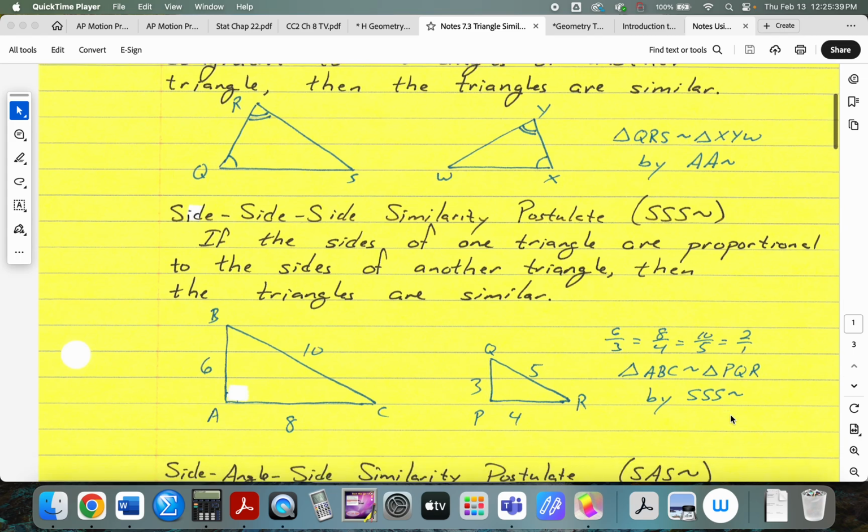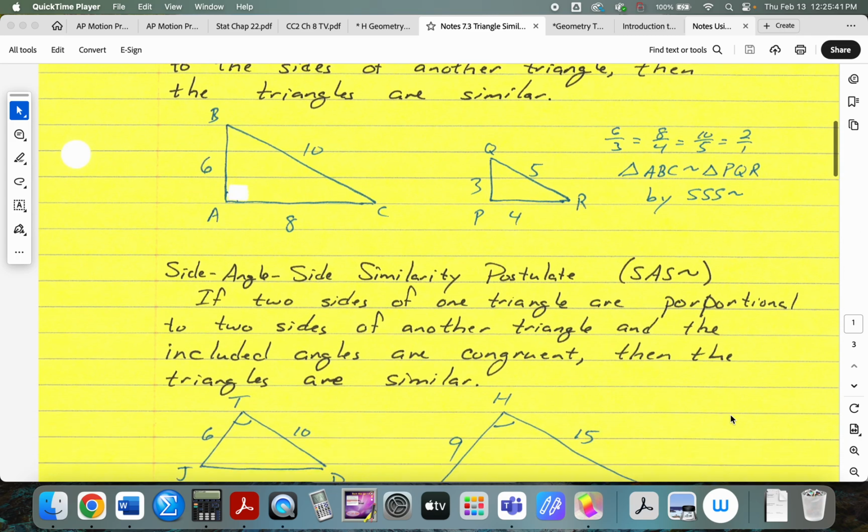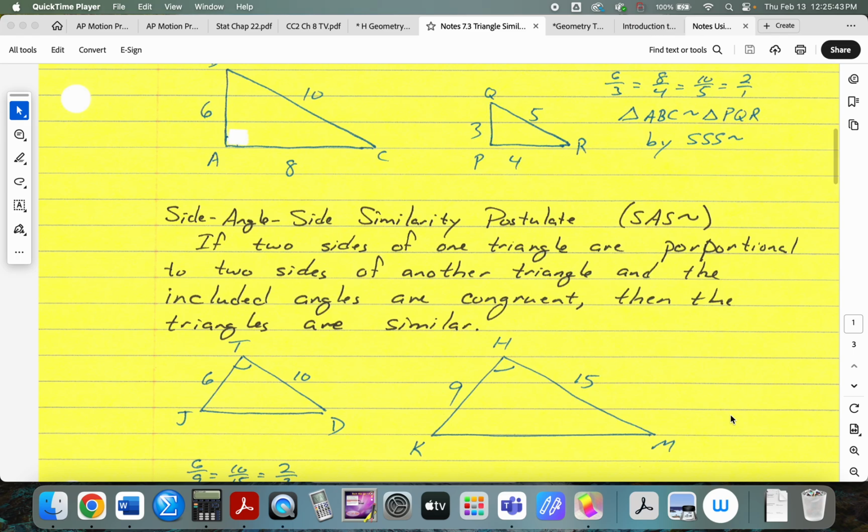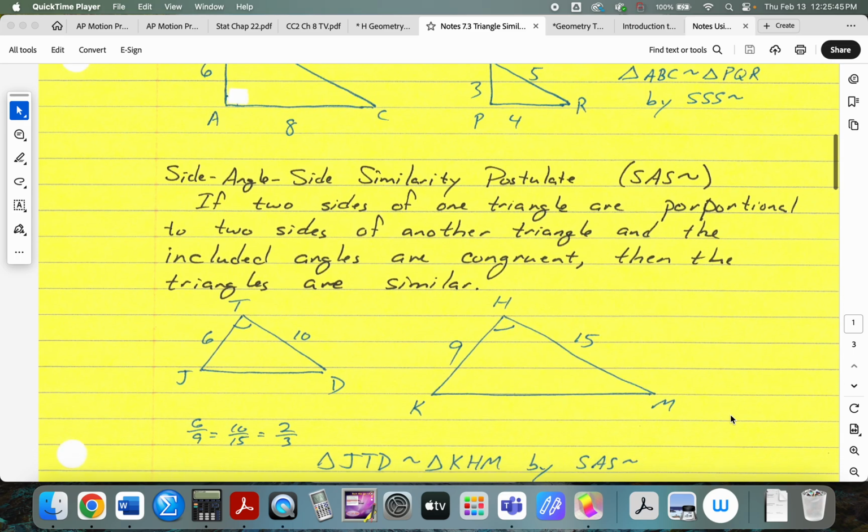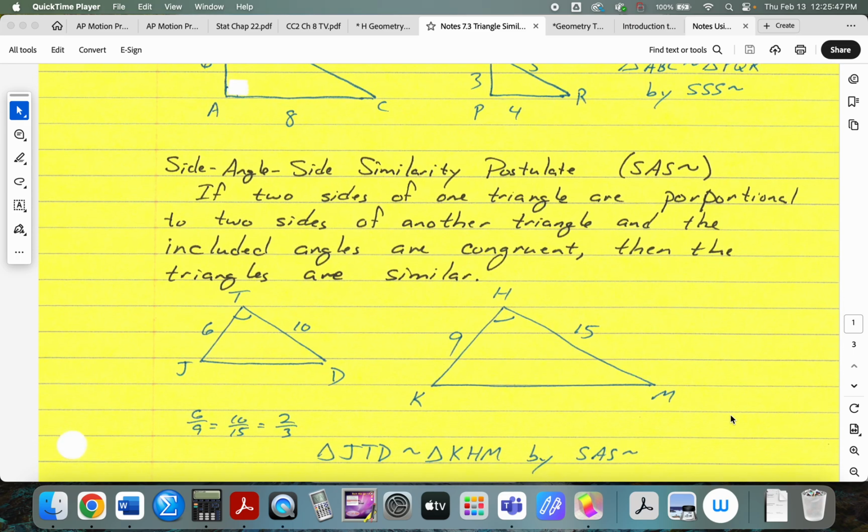The last one is also like one of our congruent triangles, and that is the side-angle-side similarity postulate. It says if you've got 2 sides of one triangle that are proportional, not congruent, but proportional to 2 sides of another triangle, and the included angles are congruent.